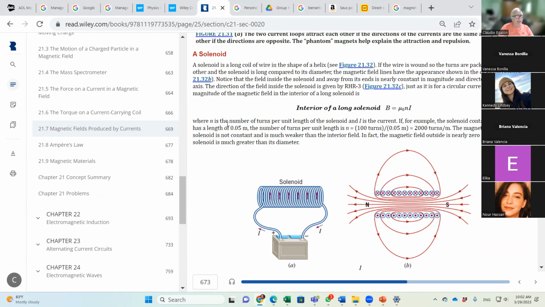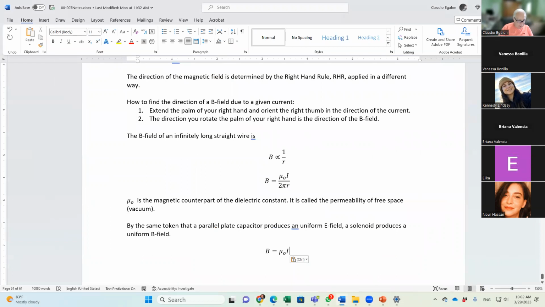What's this n? n is the number of turns per unit of length. I'm going to write that as big N, number of loops divided by L. Your book writes it down as lowercase n. So if you have to memorize, you should memorize this one here.